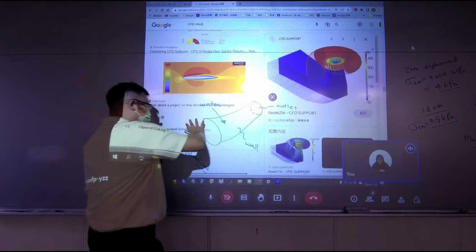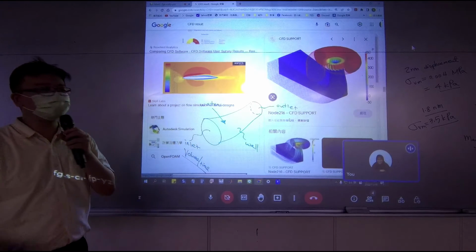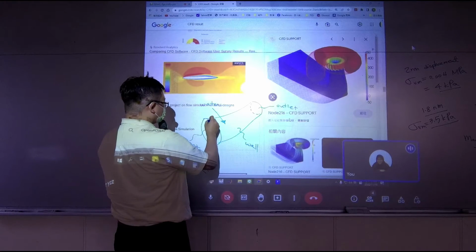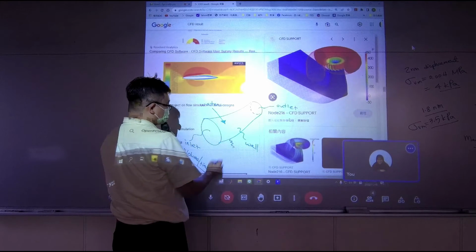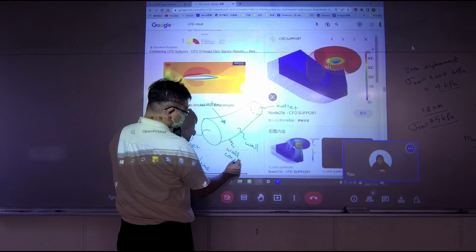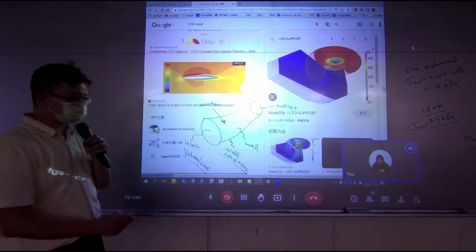And then you need to cut this whole thing into mesh. And usually for fluid, it's very complicated. You need to specify the wall conditions, such as, do you have boundary layers?